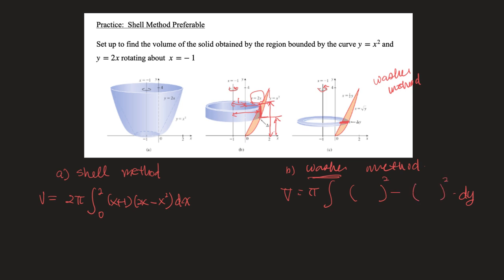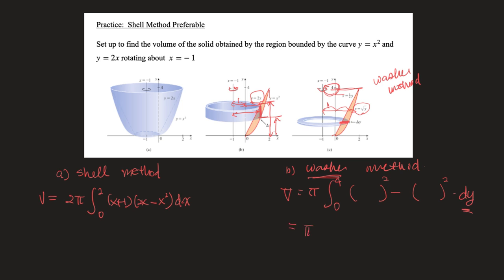So you're going to write the integral in y. We want to find the limits, 0 and 4, because this is y. Then the longer radius: they give it to you as x equals square root of y. That's the longer radius. So here is 1, and here is the square root of y.